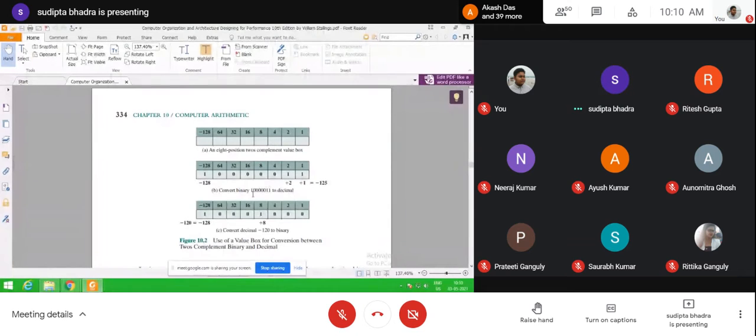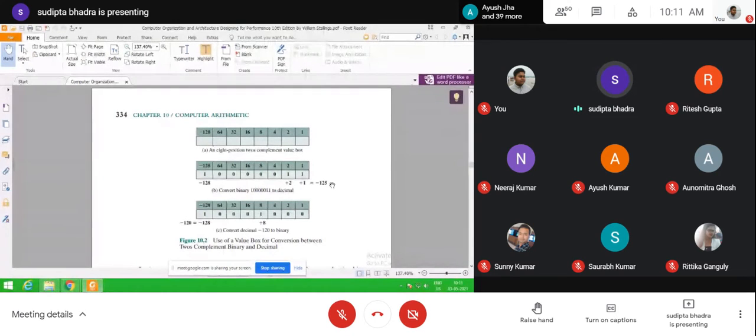So here in this binary number 1, 5 times 0, 1 1, the seventh bit is 1, which means minus 128. So ultimately the corresponding decimal value of that negative number is minus 125. This is not the same as sign magnitude.